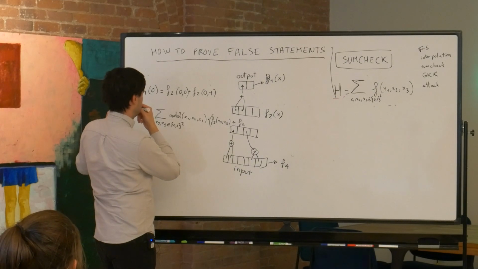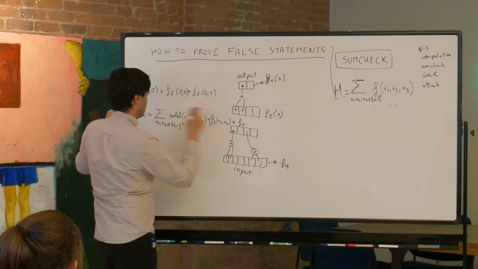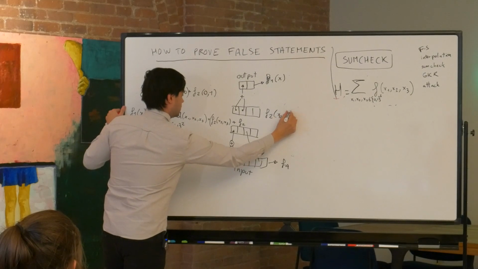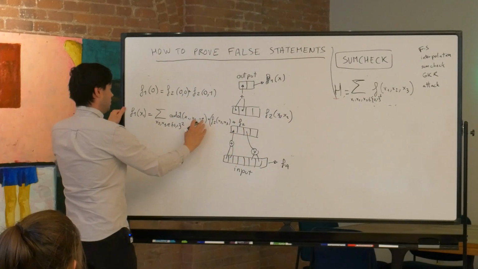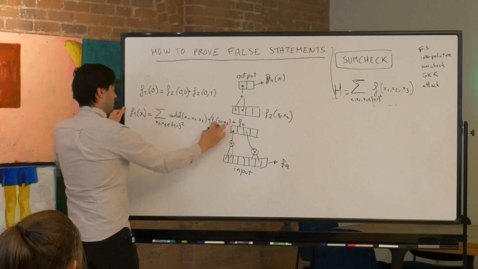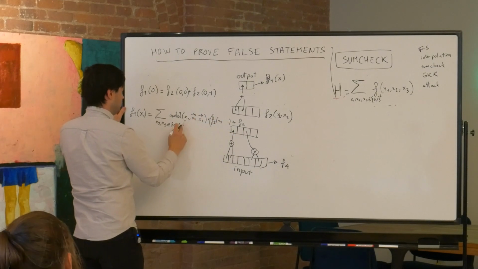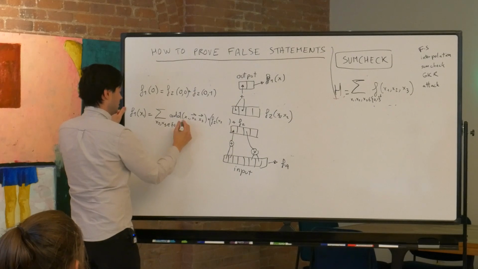I'm going to need more variables. So actually, the way I'm going to do this, I'm going to use vectors. It's going to be easier because there would be too many variables otherwise.